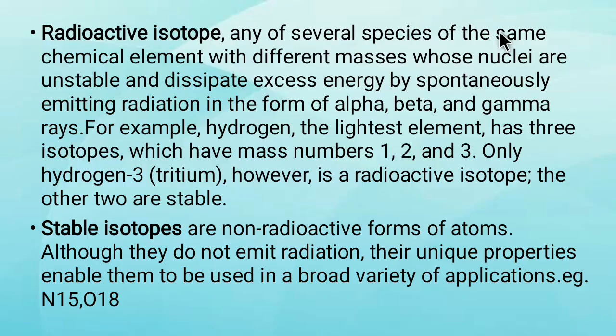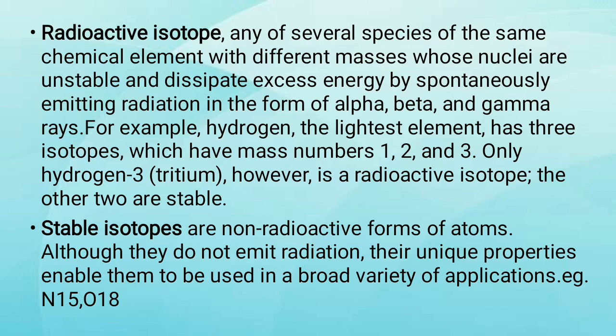In the previous part, we heard about radioactive isotopes and stable isotopes. What are they? A radioactive isotope is any of several species of the same chemical element with different masses whose nuclei are unstable and dissipate excess energy by spontaneously emitting radiation in the form of alpha, beta, and gamma rays.